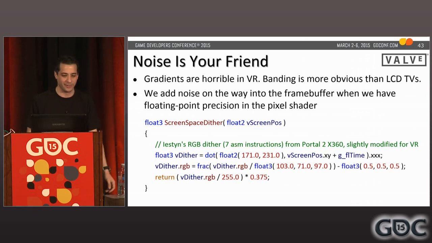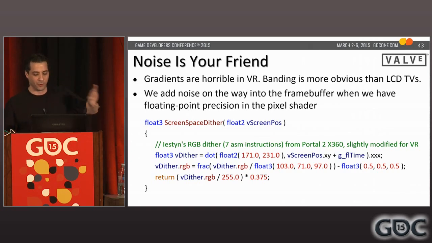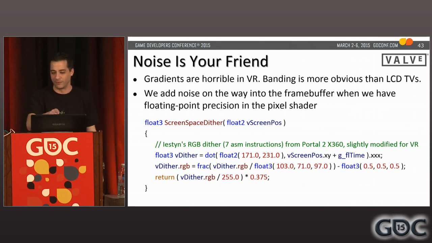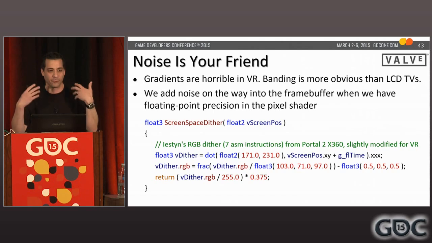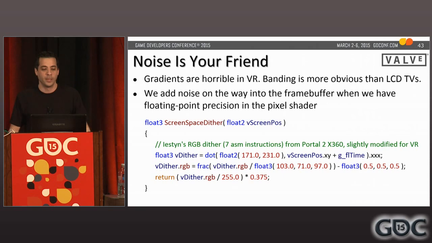Yeston, one of the programmers at Valve back then, wrote this code, and we've been using it for years. It's a nice algorithm, just a few instructions. It was performant on an Xbox 360, so it's fine for VR. I tuned one of their values to work better in VR, but we do this on the way into the frame buffer for every pixel we render. Every pixel gets dithered slightly. Few instructions, absolutely do this.